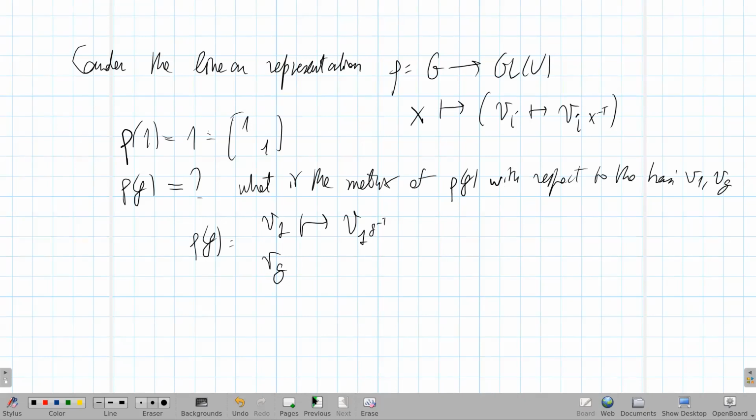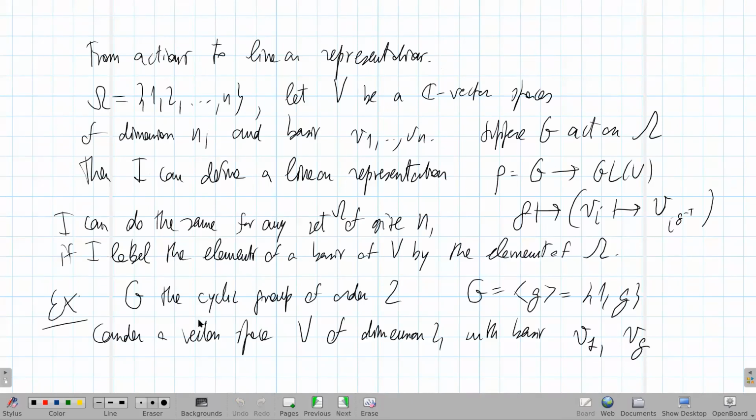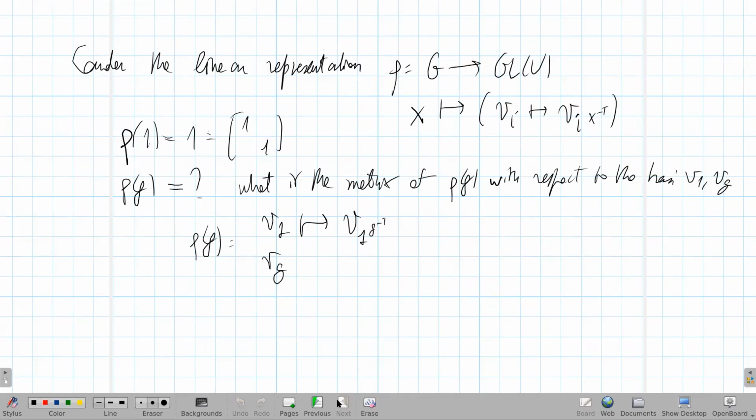Sorry, I forgot to mention something, and this is important. Because I have this cyclic group G, the group G acts on the set G, but via the right regular representation.